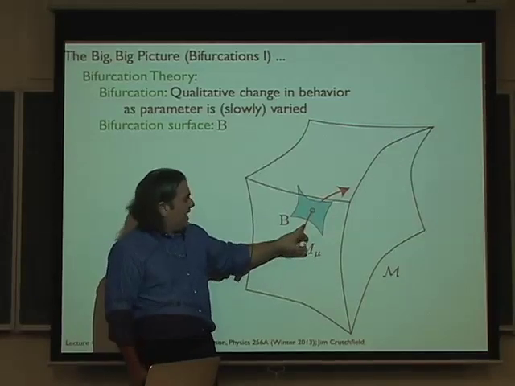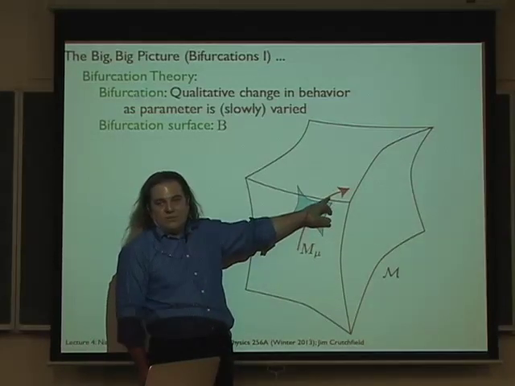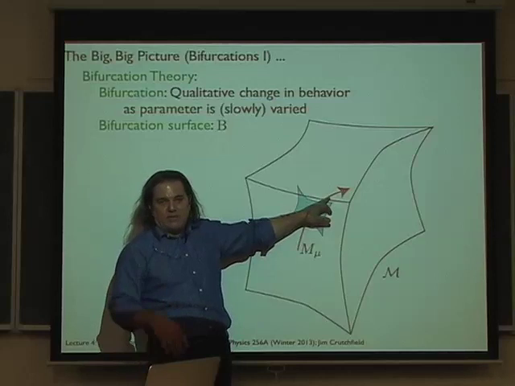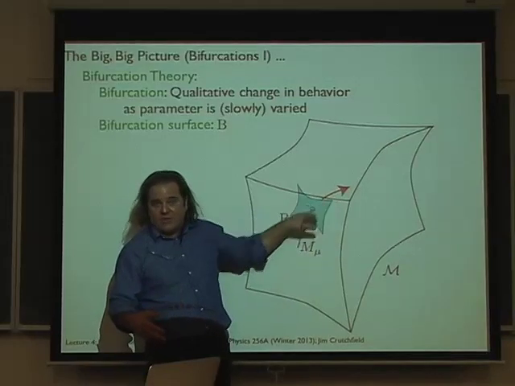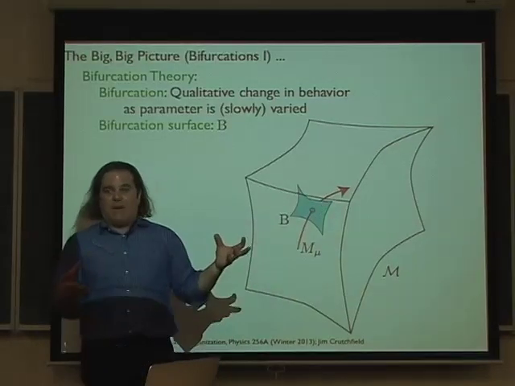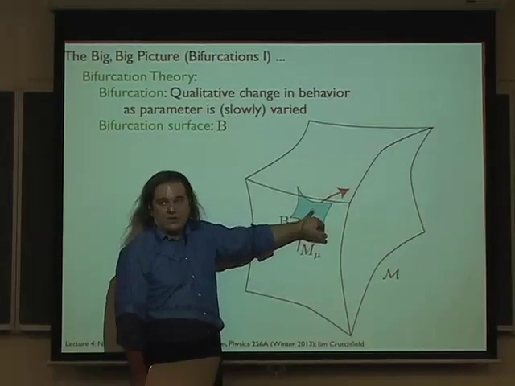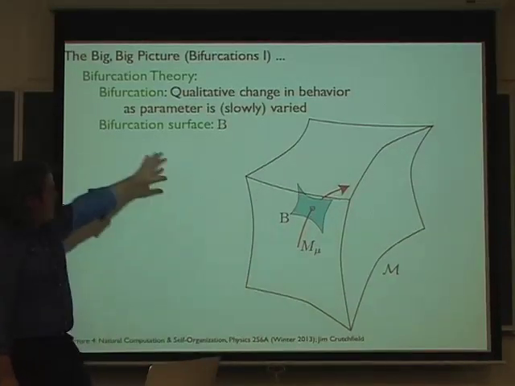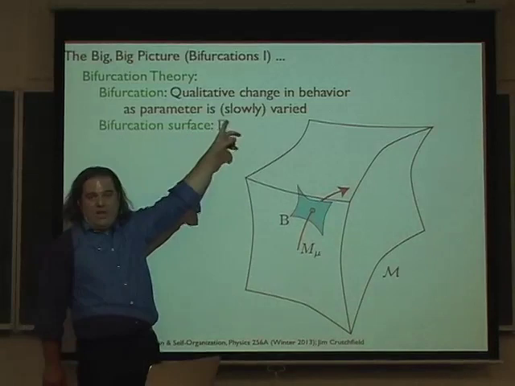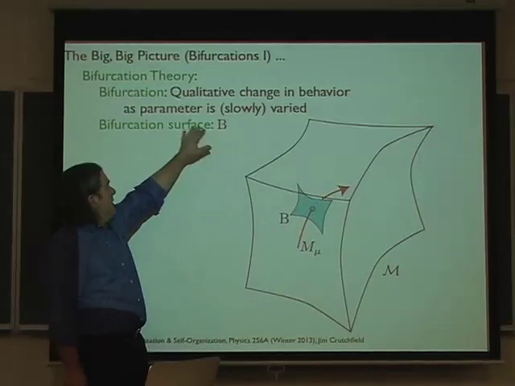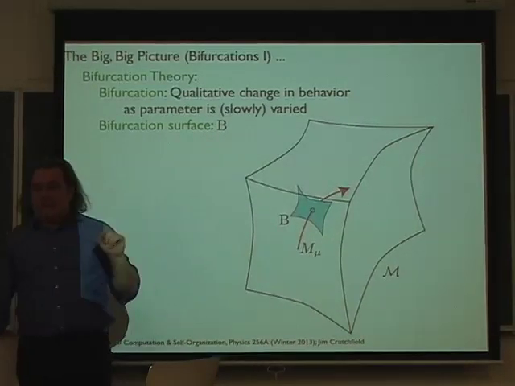But as soon as I change the number of fixed points, or the fixed point turns into a limit cycle, there's a qualitative change, and those behaviors can't be mapped into each other. Then we say at that parameter value mu, where that change occurs, we've had a bifurcation. So the definition of bifurcation is a qualitative change in behavior as you slowly vary a parameter.